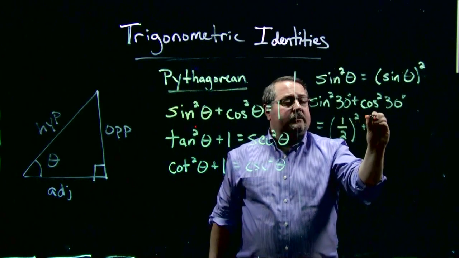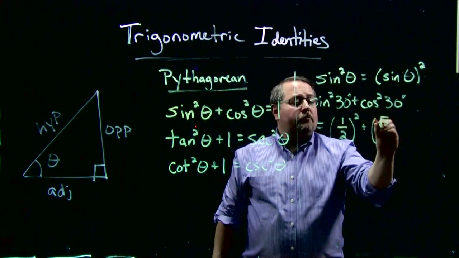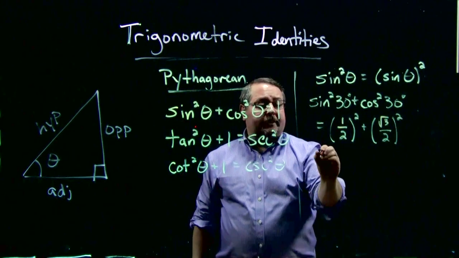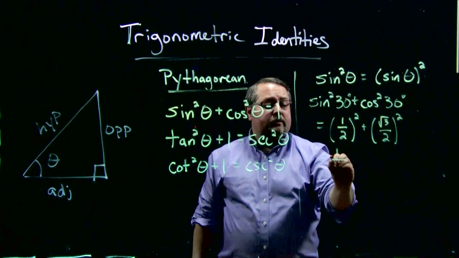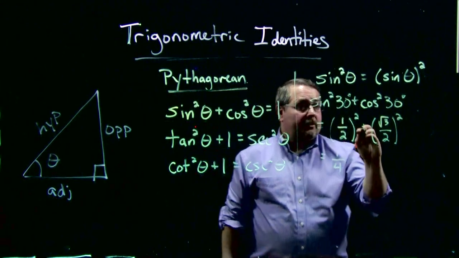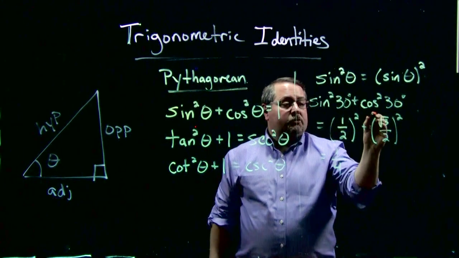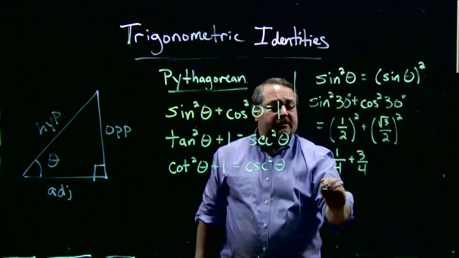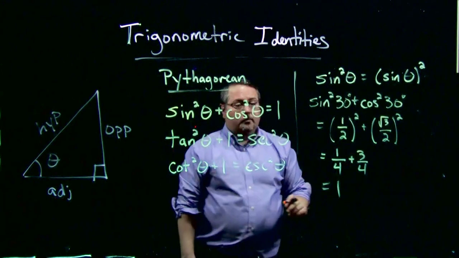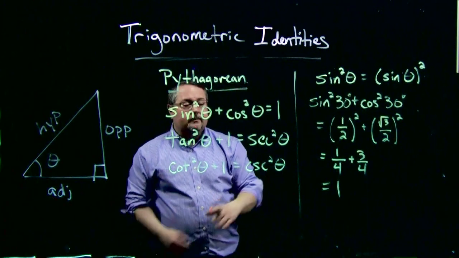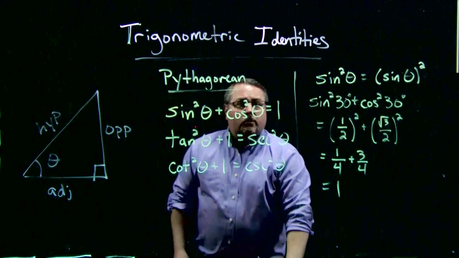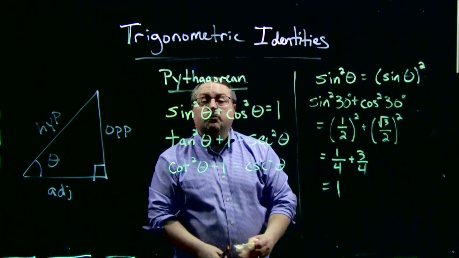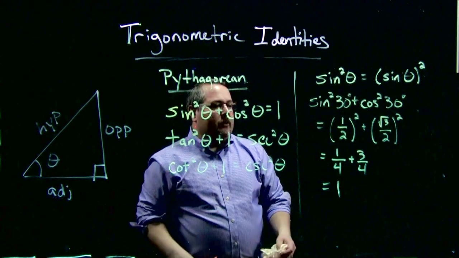The cosine was square root of 3 over 2. Okay, so the sine squared of 30 degrees is 1/2 squared, which is 1/4. Cosine squared of 30 degrees is square root of 3 over 2 squared, which is 3/4. And 1/4 plus 3/4 is equal to 1. So the Pythagorean identity sine squared theta plus cosine squared theta equals 1 works for the angle 30 degrees.